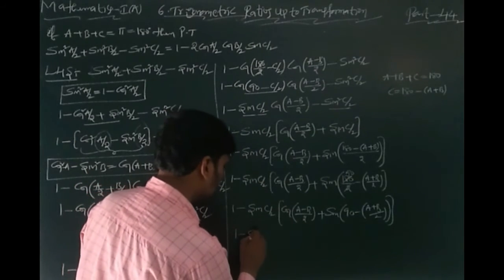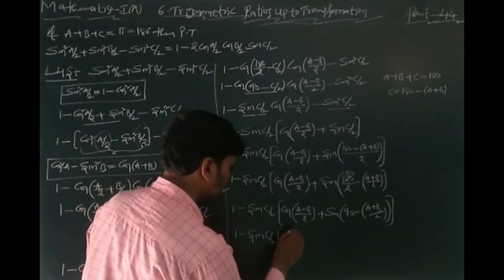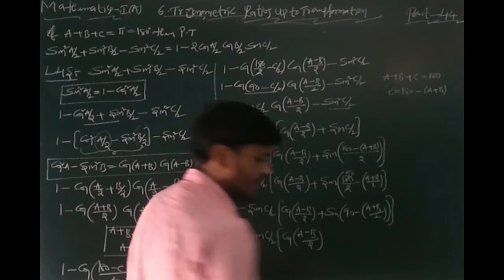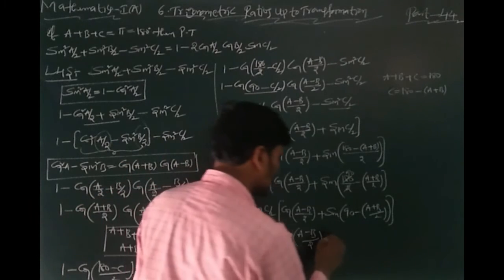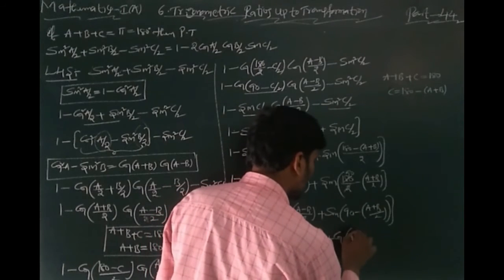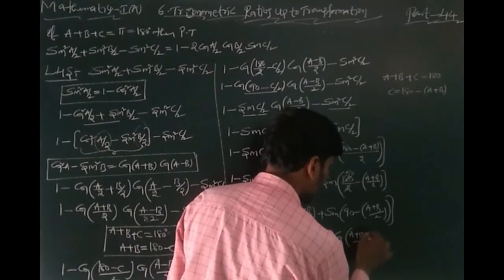That's why 1 minus sin c by 2, cos of (a minus b) by 2 plus cos of (a plus b) by 2.